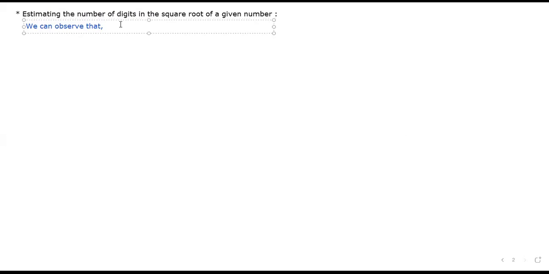So we can observe that there are as many digits in the square root as the number of bars drawn.